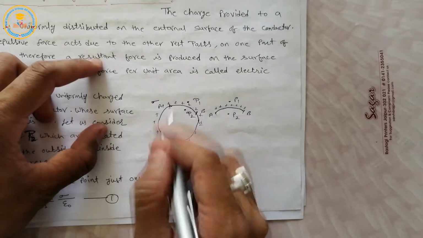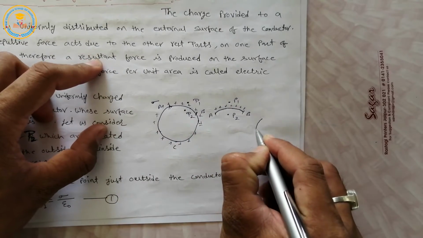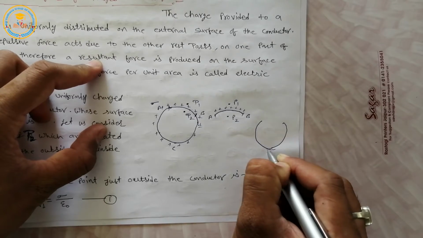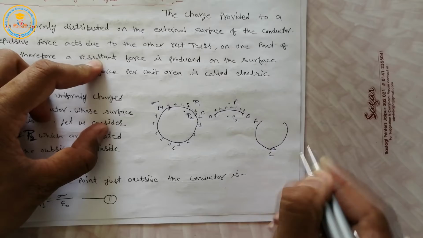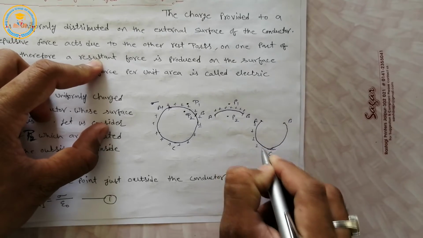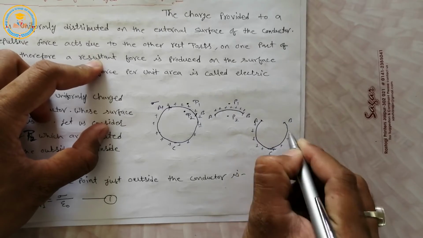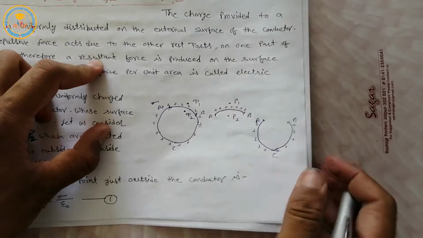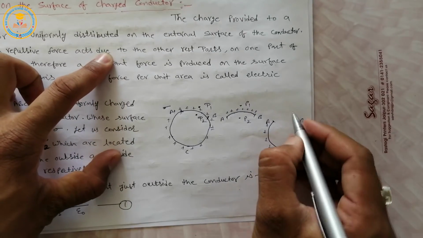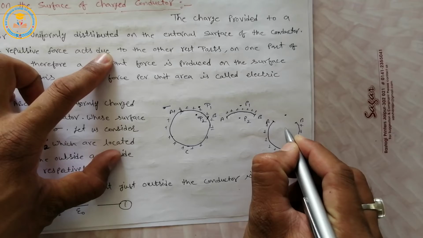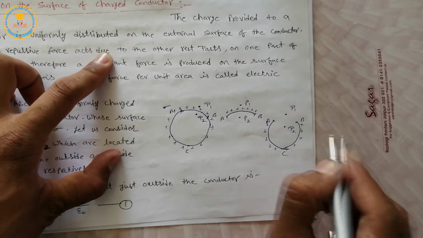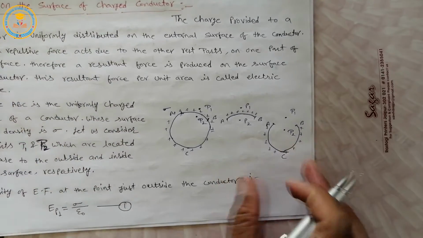And the remaining part of this surface is ACB, and the remaining charge is distributed on this remaining part ACB, and P1 and P2 are located like this.